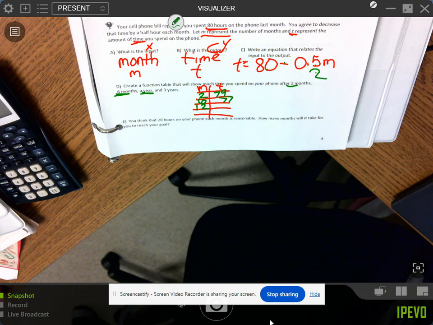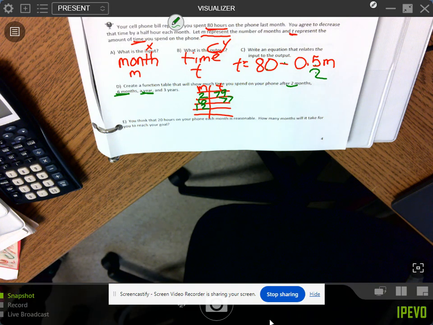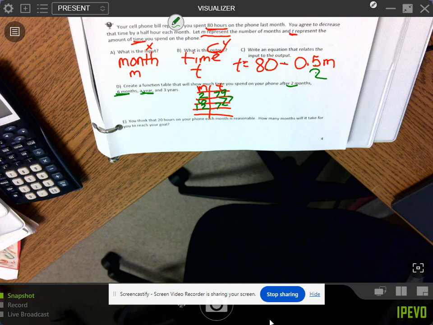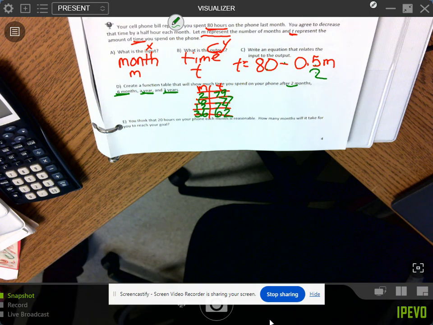If I spend 12 months, what is my time on my phone going to be, Fiona? 74. And what do I put for 3 years? 36. How much time on the phone if I have 36 months? Kaylin? 62. We're not going down by much, are we? We're going down pretty slowly.